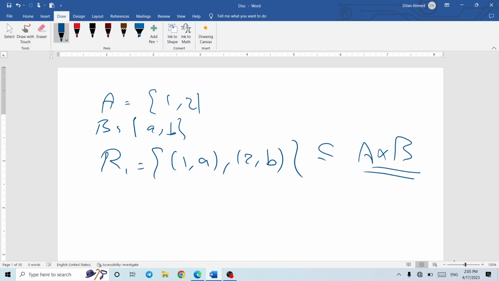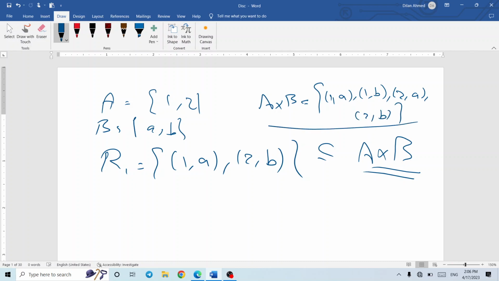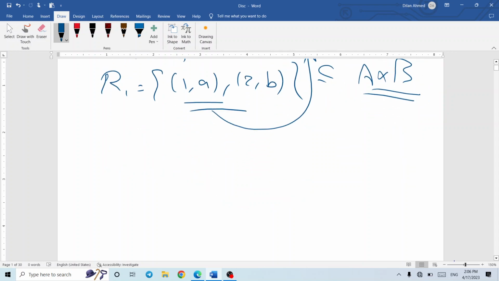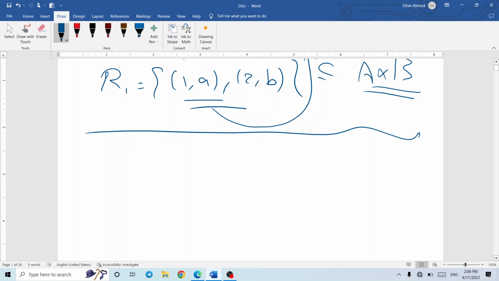So I cross A and B in my mind quickly: (1, a), (1, b), (2, a), (2, b). Is this one a subset or not? Yes, it's a subset. So it's a relation on A and B. Understood, dears? Clear? Good.